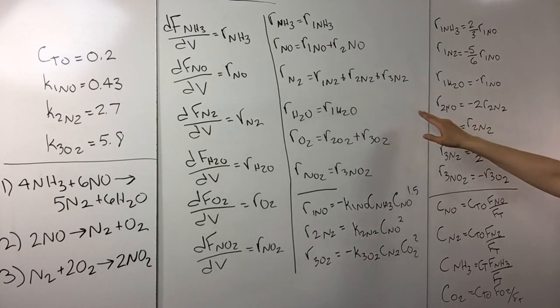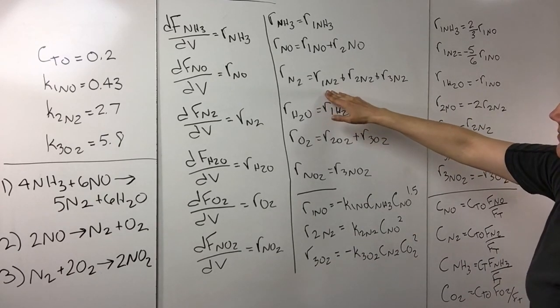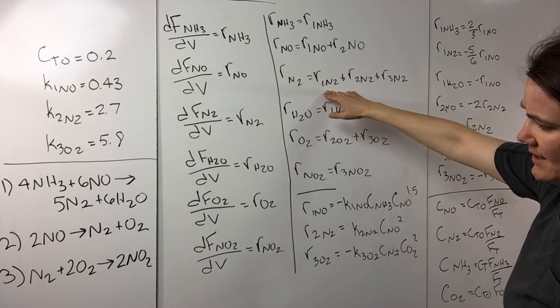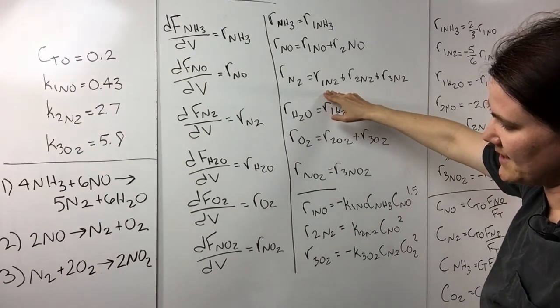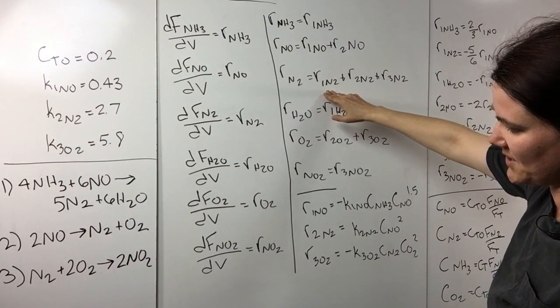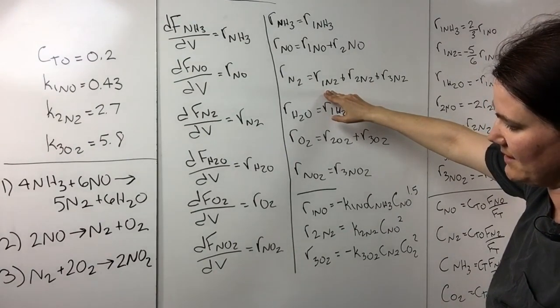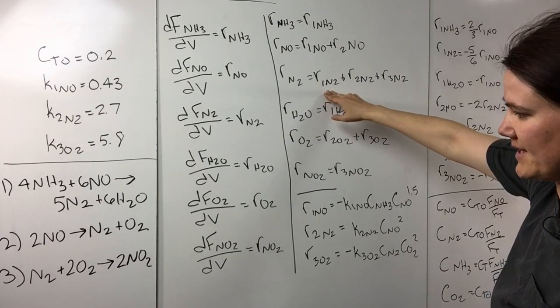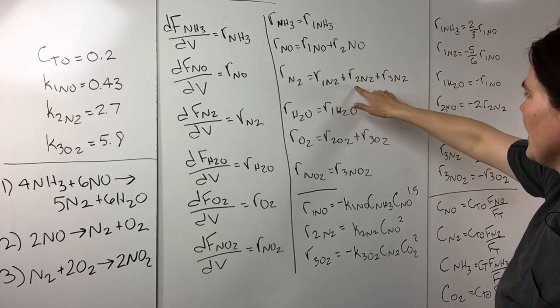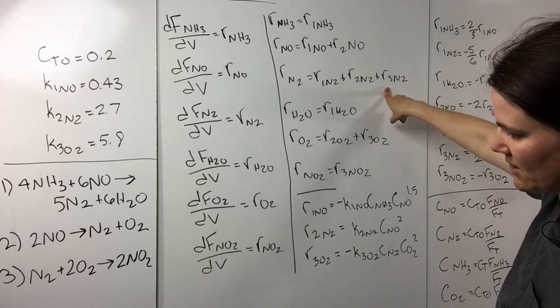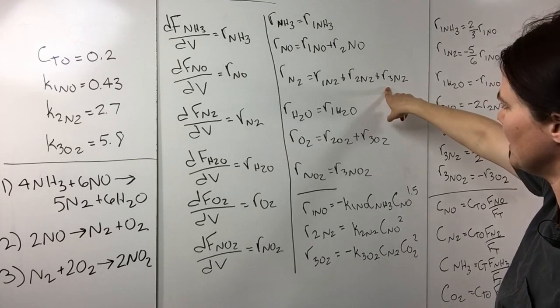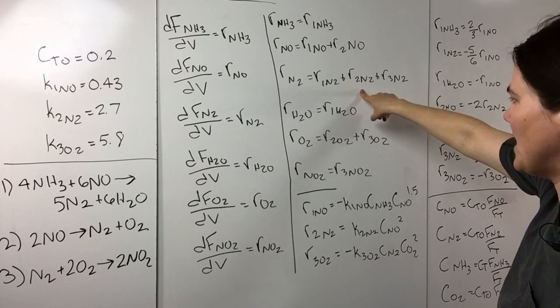So that's right. And then we can do the same thing for N2, only this one is appearing in the first one and the third one, and disappearing in the second one. So R1N2 and R3N2 should end up being negative, and R2N2 should be positive.